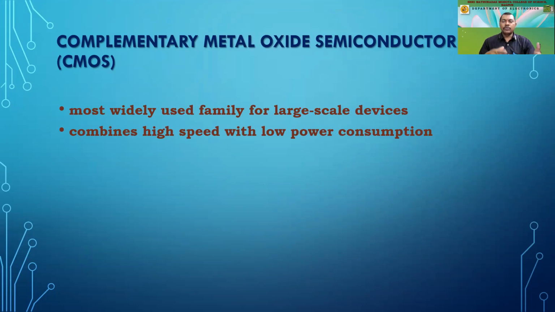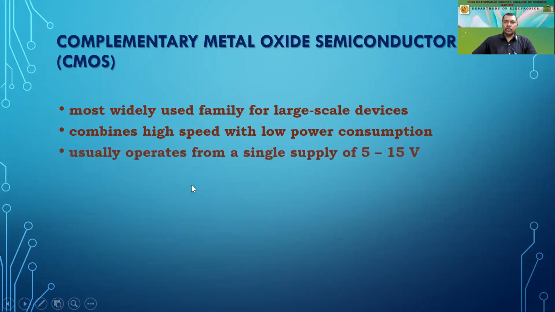Or if you decrease the power dissipation, then automatically the speed decreases. So both are correlated to each other. This factor is very much taken care of in complementary metal oxide semiconductor devices or logic gates. It combines high speed with low power consumption, and usually operates from a single supply of say 5 to 15 volts, right?